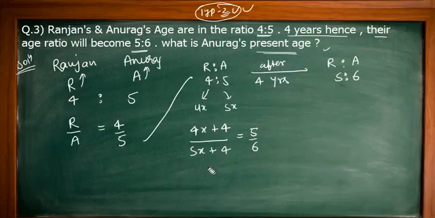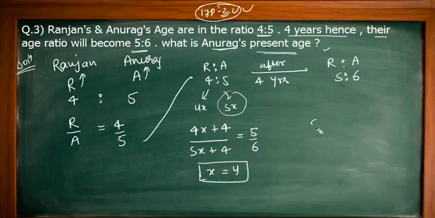Solve for x and you will get the value of x, which will be 4. Do it for yourself. Anurag's age is 5x, so 5x is equal to 5 into 4. It will be 20. That is your answer.